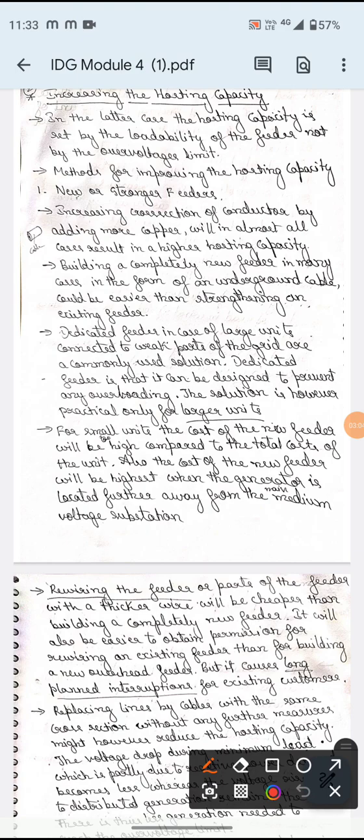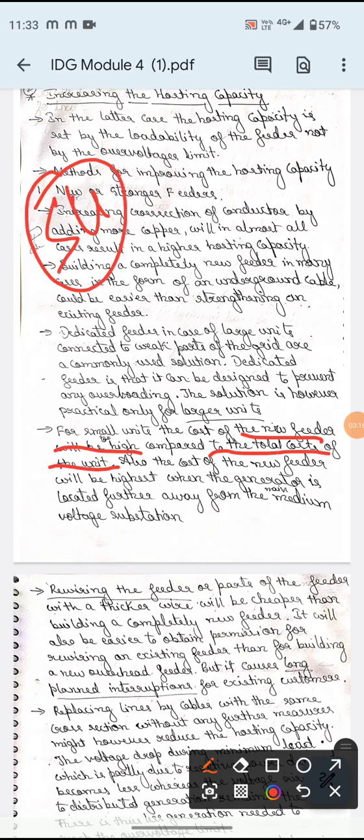For small units, the cost of a new feeder will be high compared to the total cost of the unit, okay. So for example, small generation units. For that, if you go with a new feeder, then it will be a huge cost.